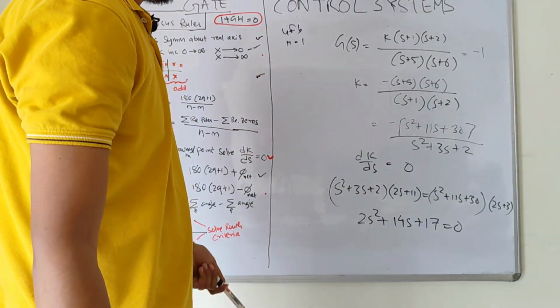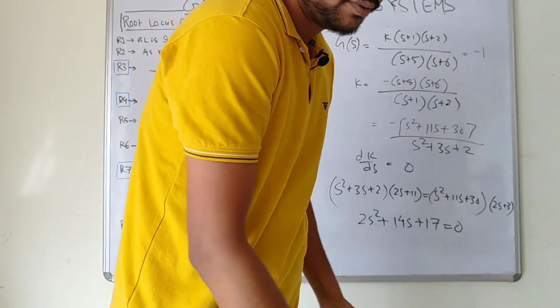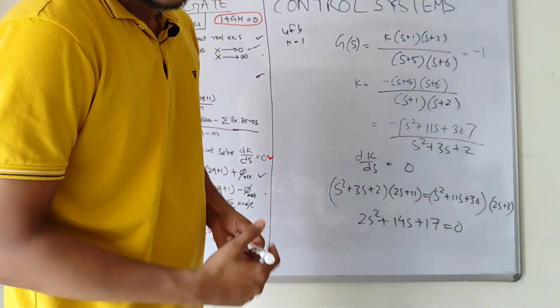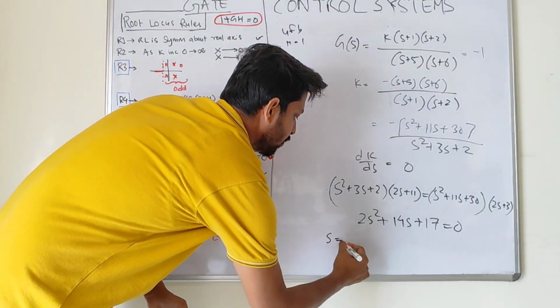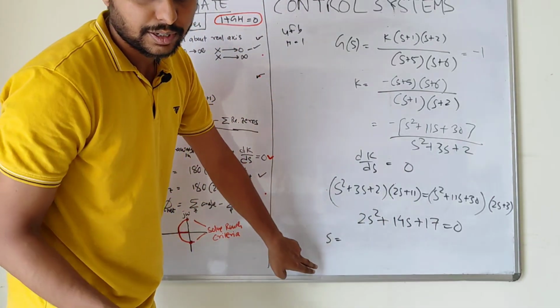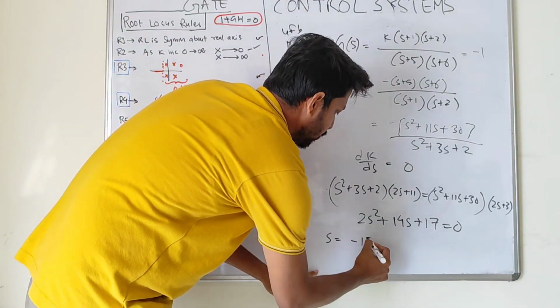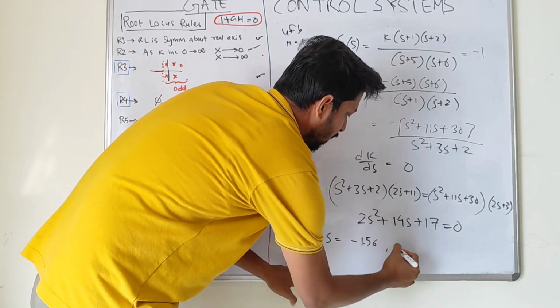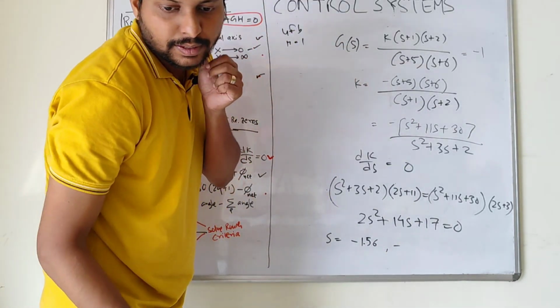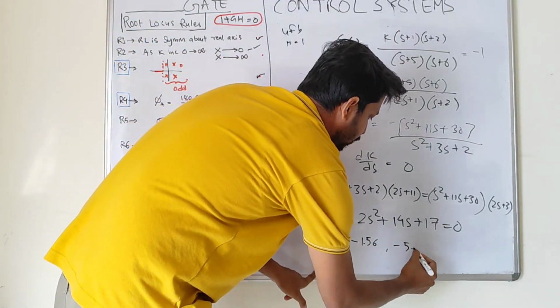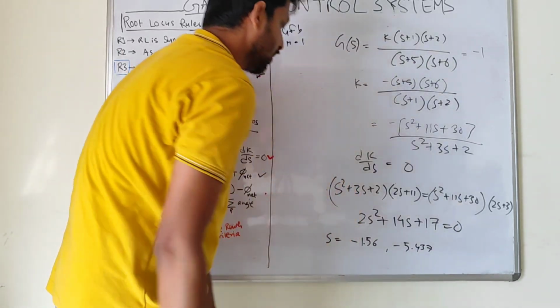And I think if you solve it, you will get two solutions. One is -1.56, another is -5.437.